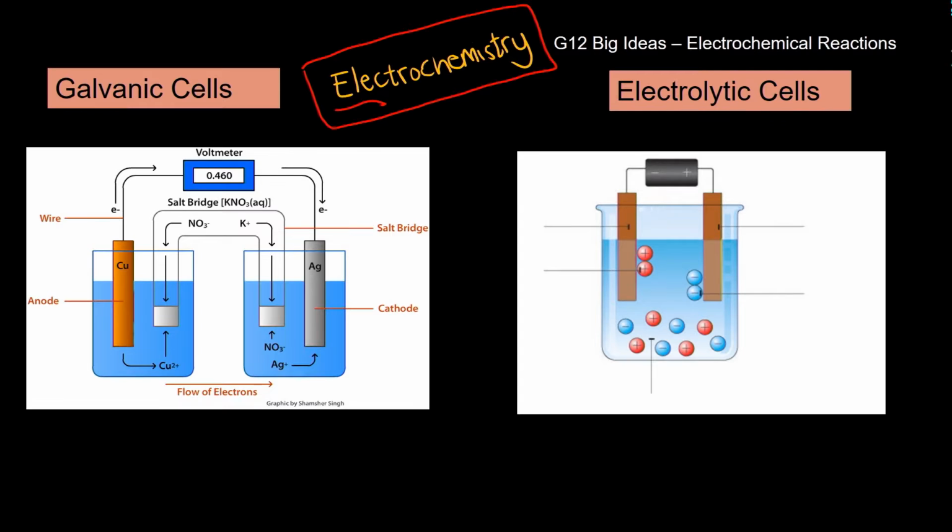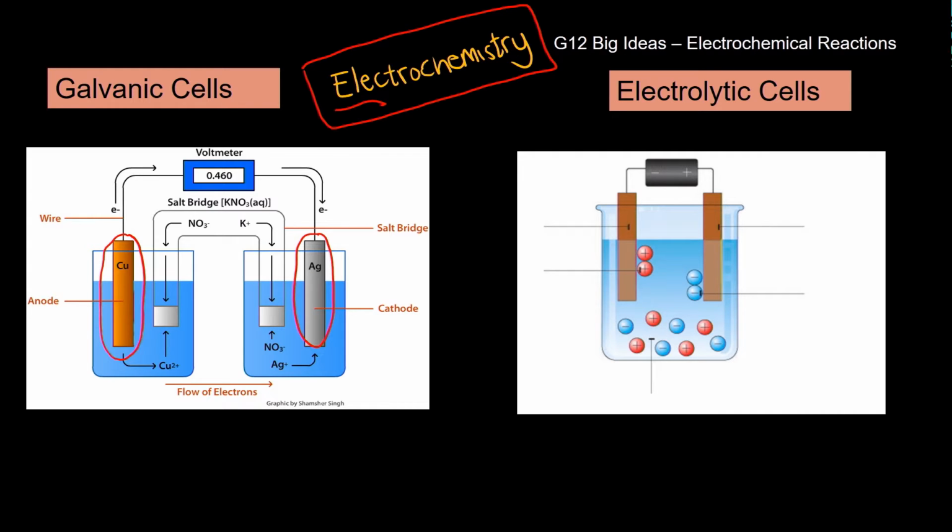So on my board here, the galvanic cell has some characteristics that should give you a clue to what we are dealing with. One of the characteristics is the presence of these electrodes.